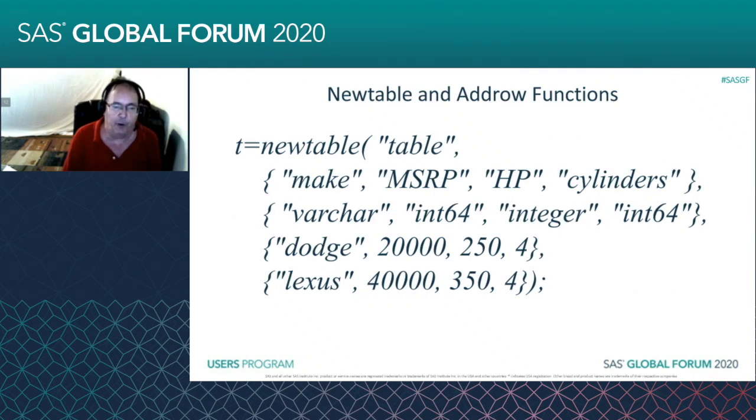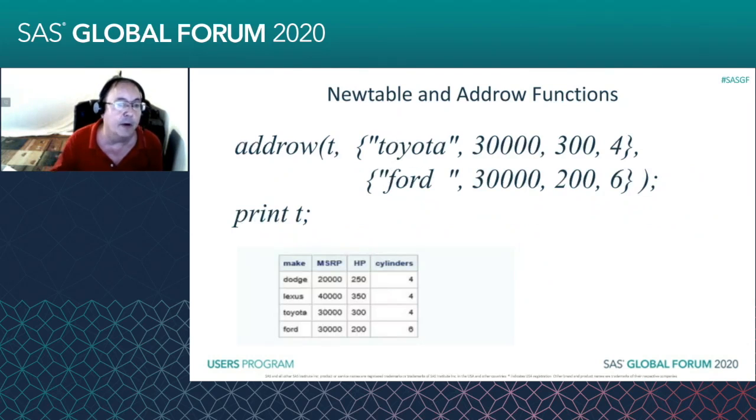Here's an example of creating a new table. I've got 4 labels, 4 columns. I have 4 data types, and then I'm going to supply 2 rows of data. So once this is done, I've got a result table of 2 rows. Now I'm going to add 2 more rows to that table, and then I'm going to print it.